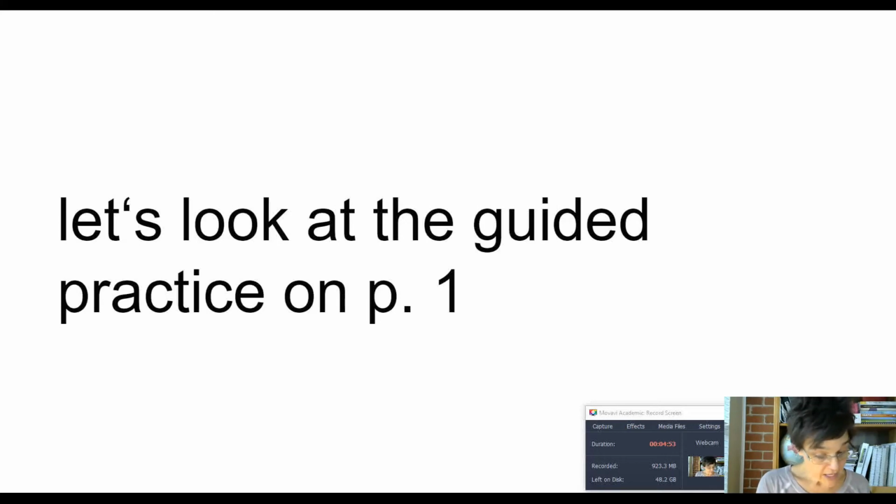And number 11, it wants you to look at that dependent clause because it starts with after. So it's dependent. That means it's not complete, but it wants you to take whatever word off of there and make it complete. Okay? All right, so go ahead and press pause and do the guided practice right quick, and then when you turn it back on, I'll go over and make sure you got the right answers before you do the next page, okay?